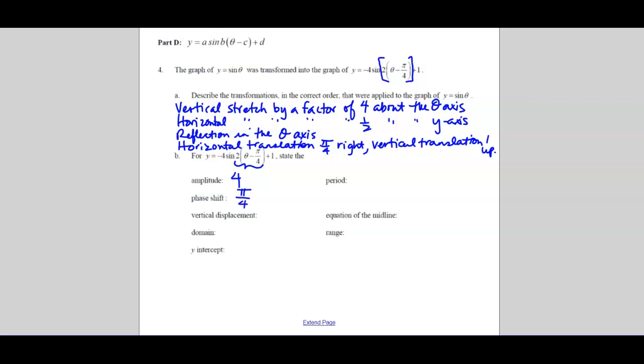Okay, so theta minus, so your C is pi over 4. You can just leave it like that. That's a positive value, so that means you're moving right. For a phase shift, you don't have to put the direction. Okay, the sign will tell you. Vertical displacement is 1. Again, same deal. 1 means it's going to be up 1.